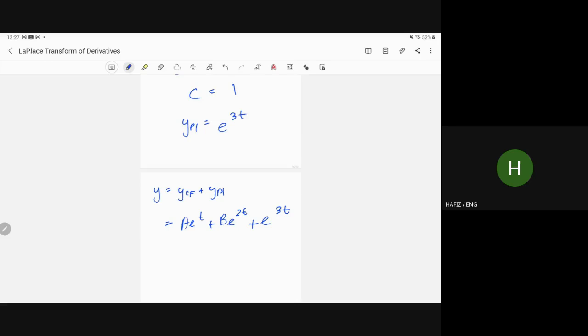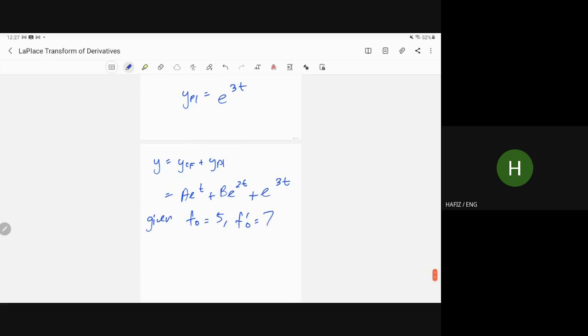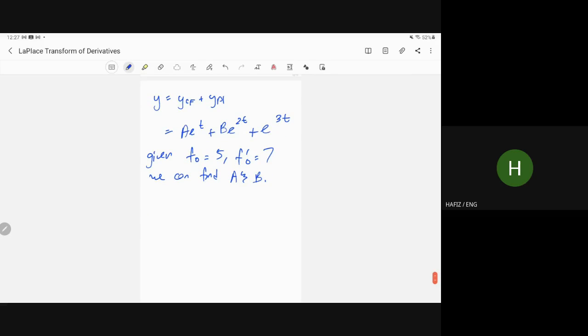So now you have this, but you have the given f(0) is 5, right? f(0) is 5, f'(0) is 7. We can find A and B. So first, we already know what y is. This y is f(t).